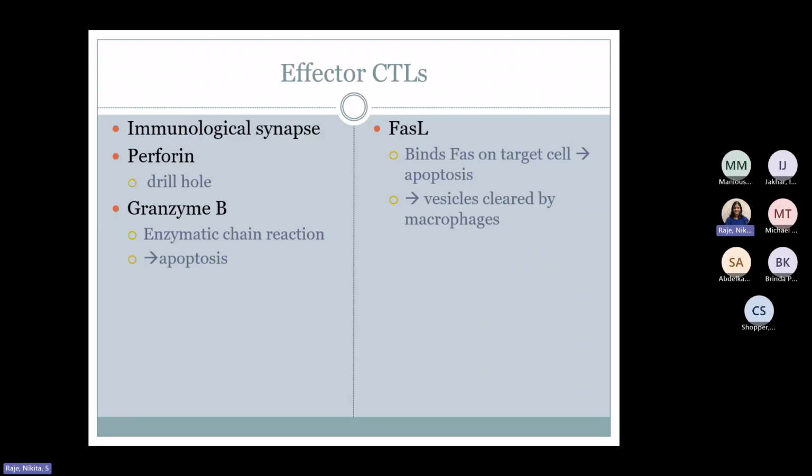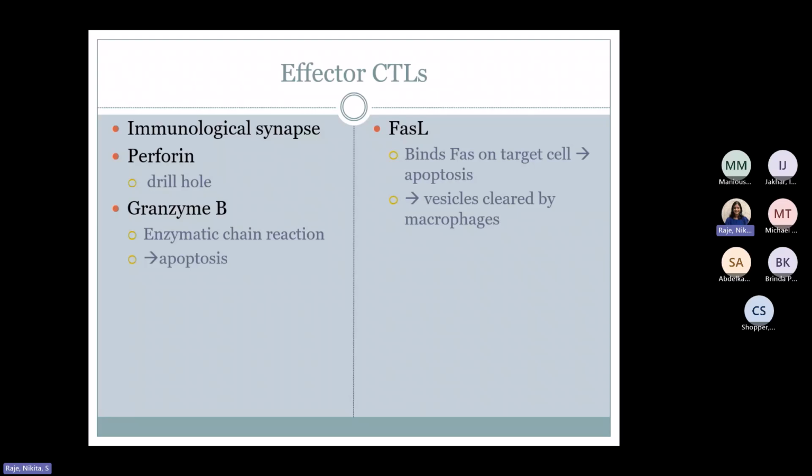And then there is the TCR that's binding to the MHC molecule with the peptide. And then there are other co-stimulatory molecules and co-receptors that interact with the antigen presenting cell. So the whole area of that interaction is called the immunological synapse.